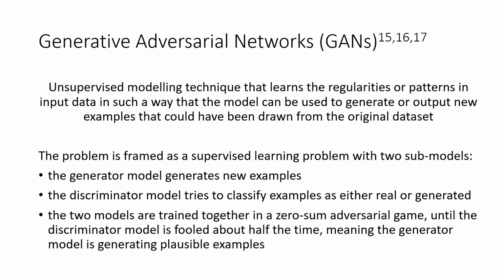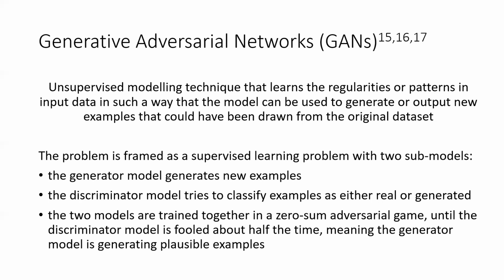So the model has two submodels: a generator model that generates new examples, so once we train it, this is the part of the model that will be used in order to generate new examples, and a discriminator model that tries to classify examples as either real or generated.